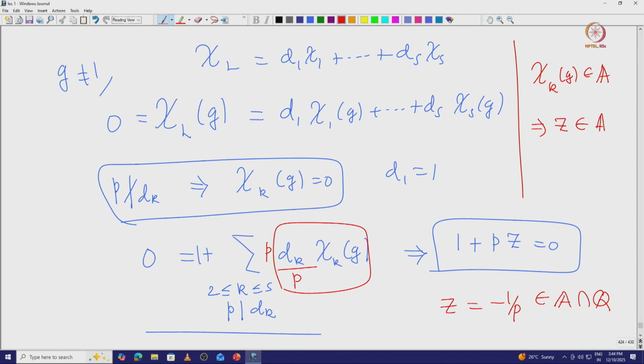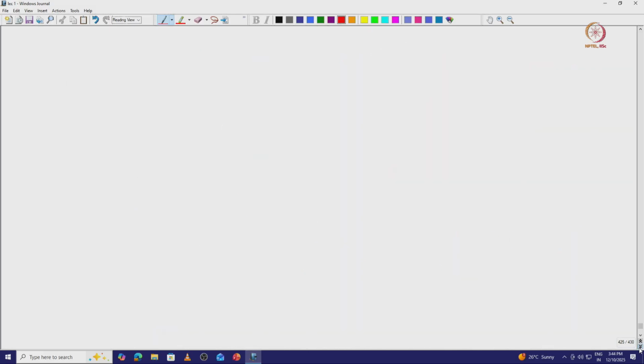Q intersection A, we already noted, is nothing but the set of integers. So, this gives us z equal to minus 1 by p, which is inside Z, the set of integers, which is A intersection Q. This is a contradiction, because minus 1 by p for prime p cannot be an integer.